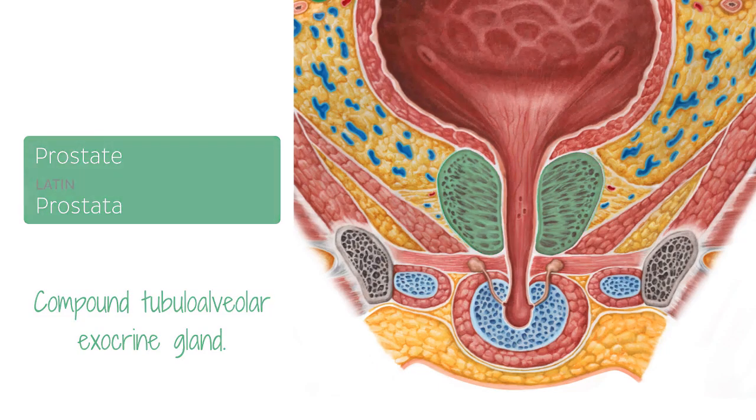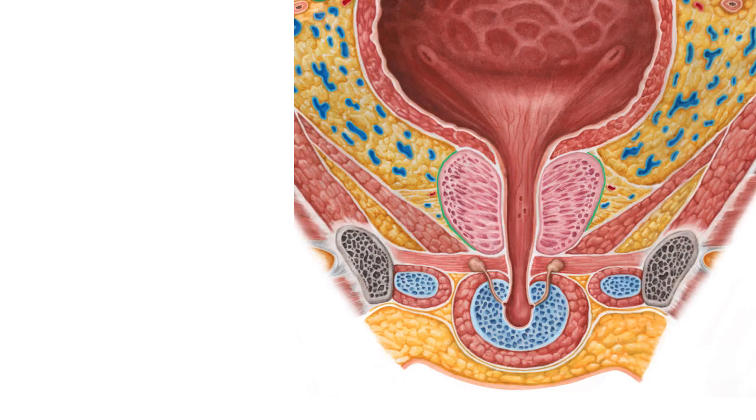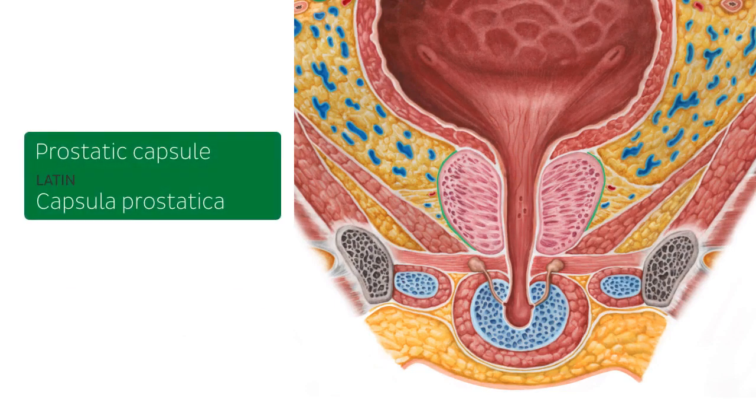Also worth mentioning here is this capsule, which is known as the prostatic capsule. The prostate is surrounded by a capsule, which is known, for lack of a better name, as the prostatic capsule. The capsule of the prostate is comprised of smooth muscle fibers that are firmly attached to the prostate.